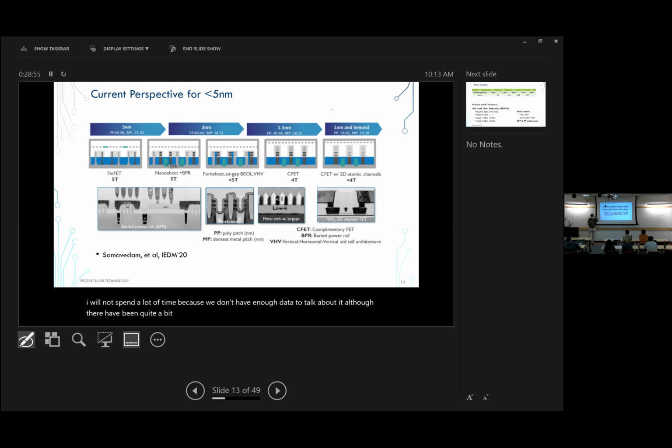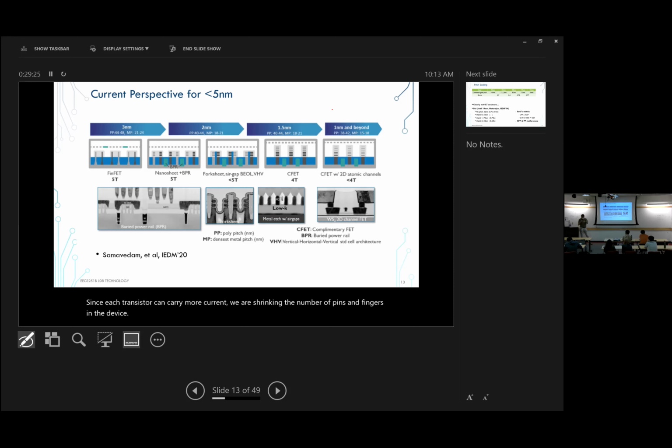As we are shrinking transistors and they're getting taller, and as we are shrinking standard cell heights, since each transistor can carry more current, we are shrinking the number of pins and fingers in the device.